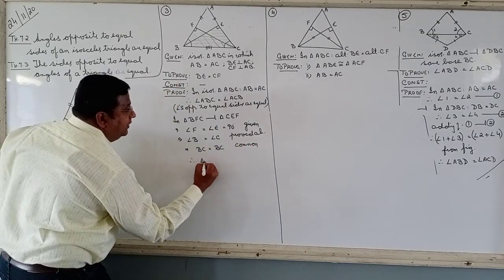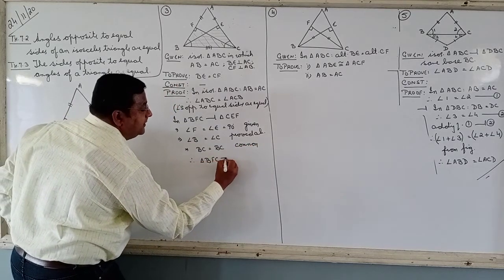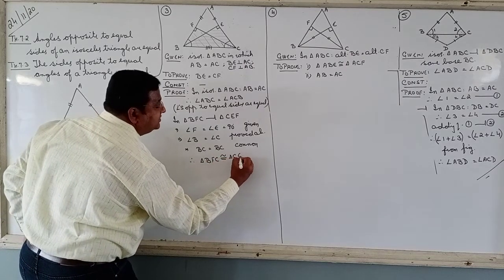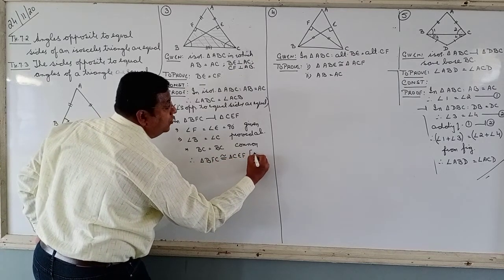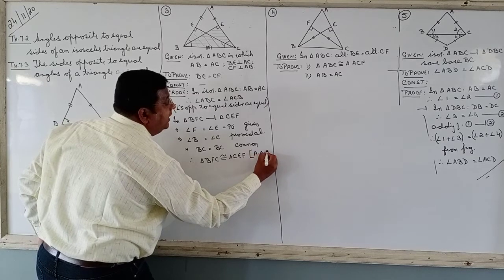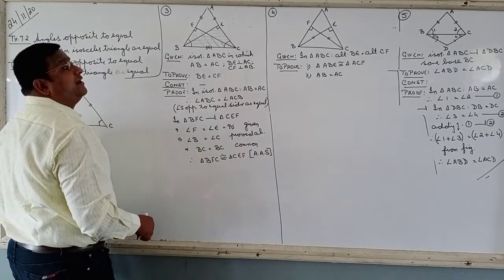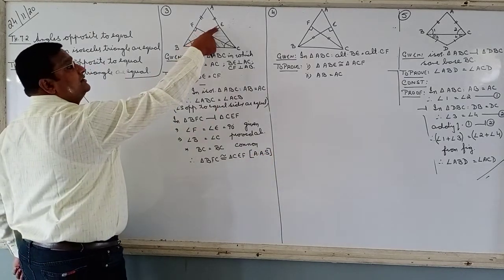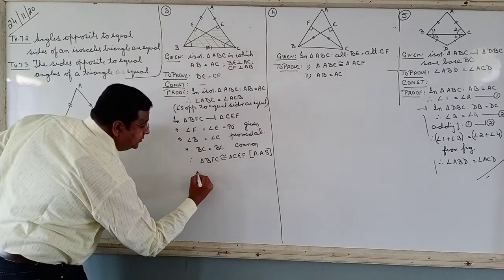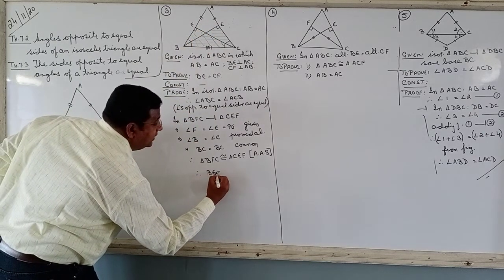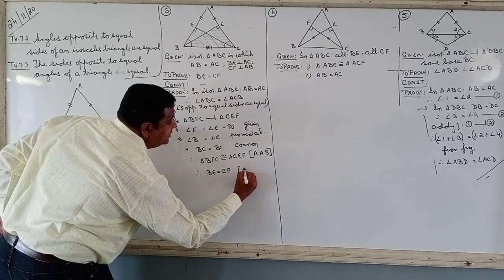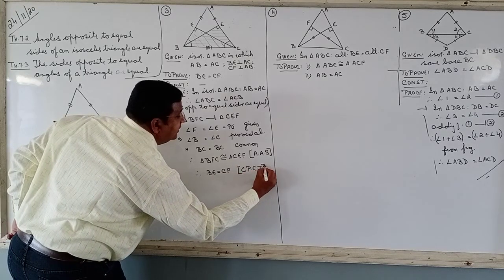So therefore, triangle BFC is congruent to triangle CEB by what congruency? AAS. And if these two triangles are congruent, is this BE equal to CF? So therefore, BE is equals to CF, reason CPCT.